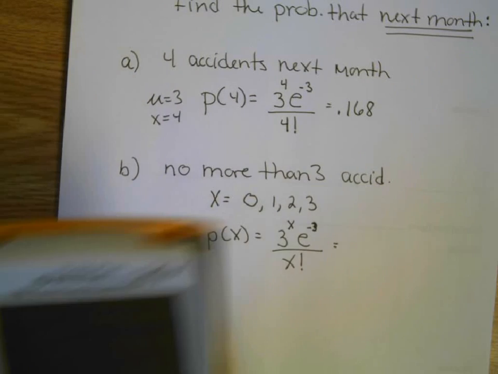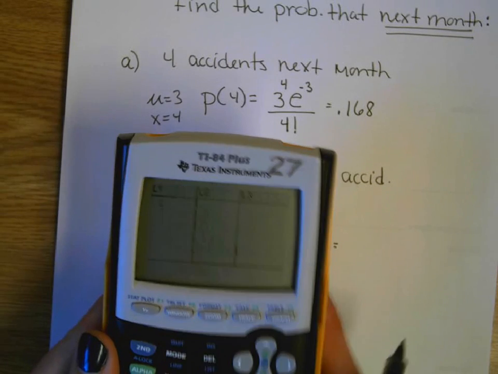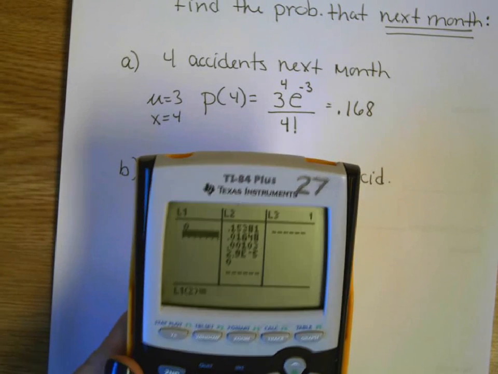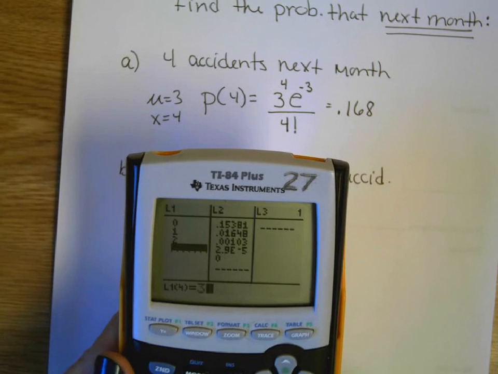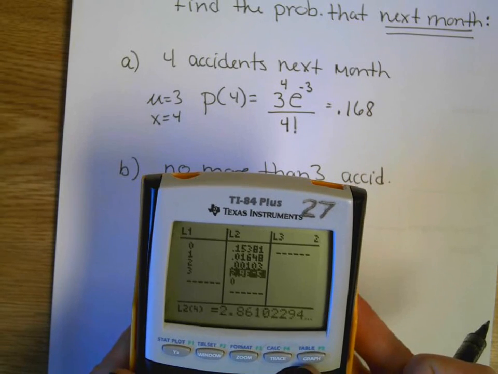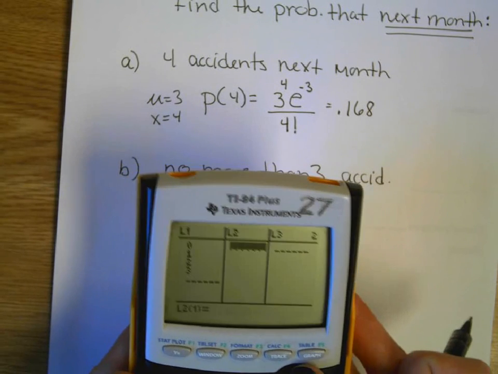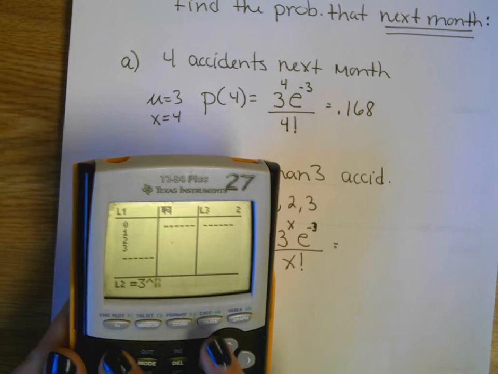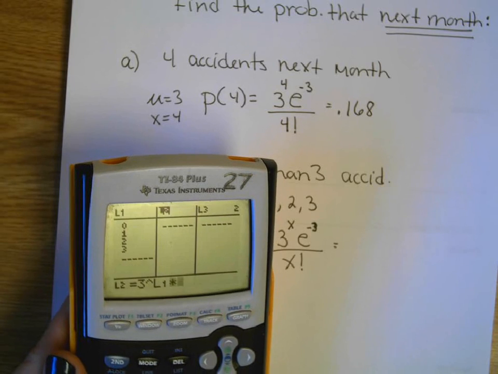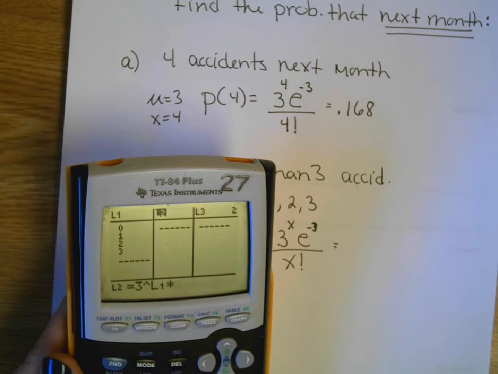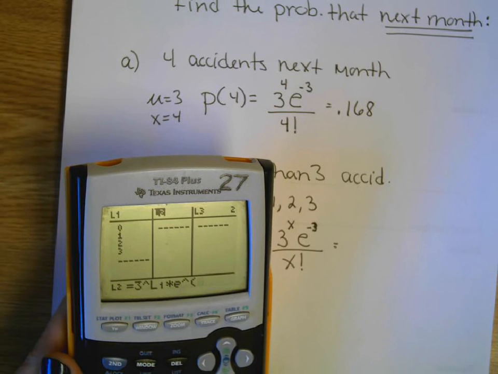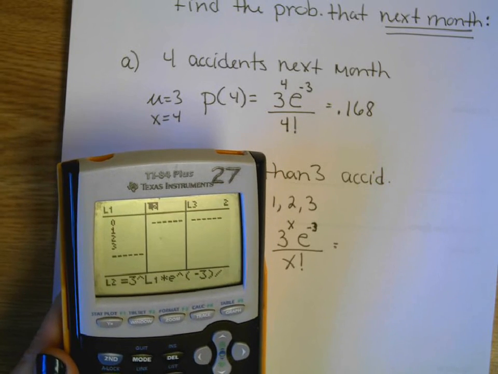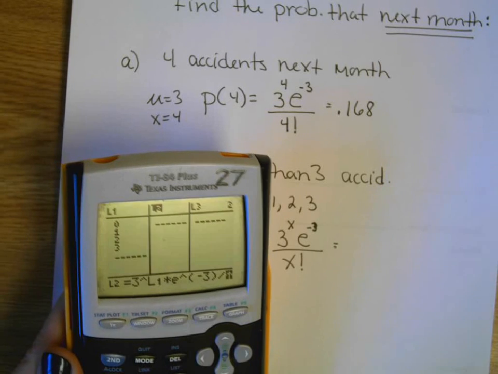So we're going to put in 0, 1, 2, and 3 into L1. Clear. And then we're going to put in our formula: 3 raised to the L1, times e raised to the -3, divided by L1 factorial. You don't need parentheses.